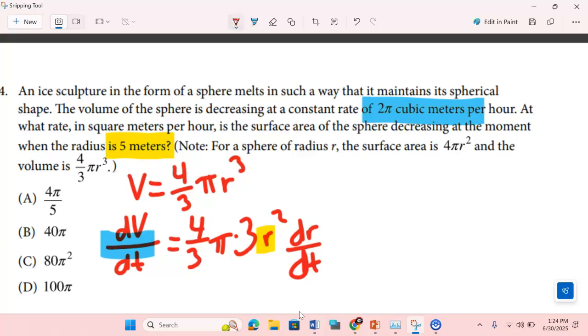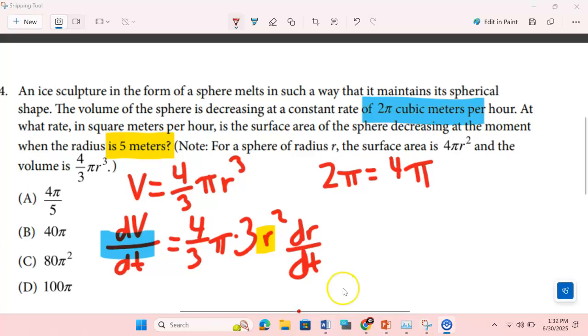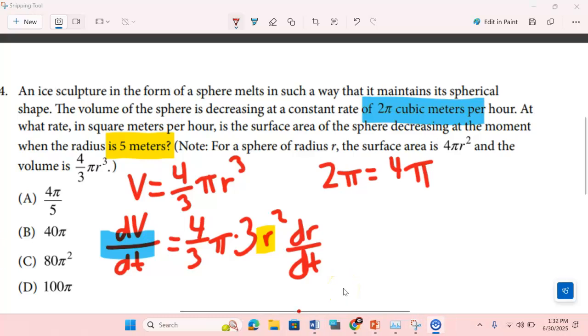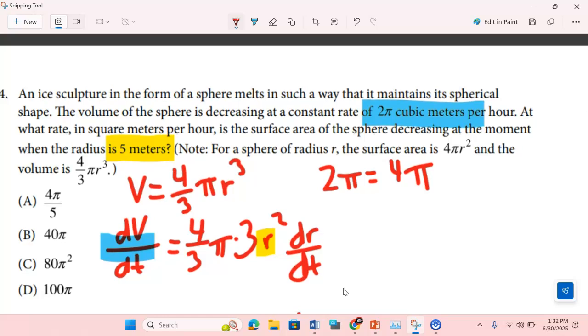So plugging things in, we've got 2 pi equals 4/3 pi. Can we go ahead and say 4 right there? 4/3 times 3 is just 4. So 4 pi r squared dr/dt, and r is 5, isn't it?